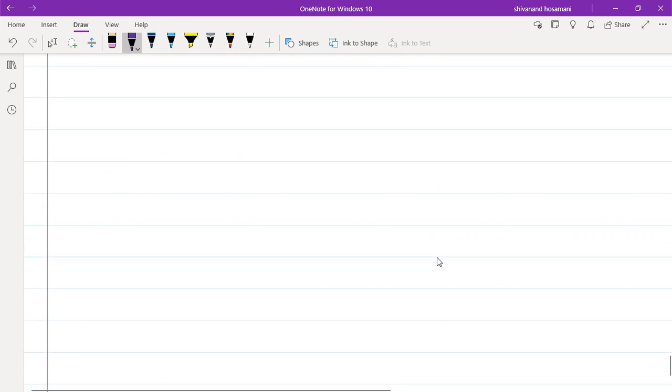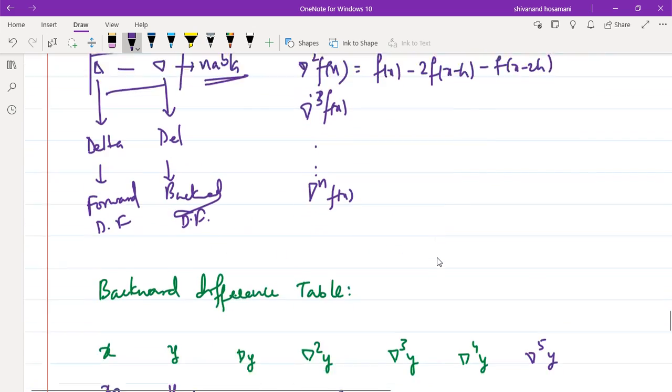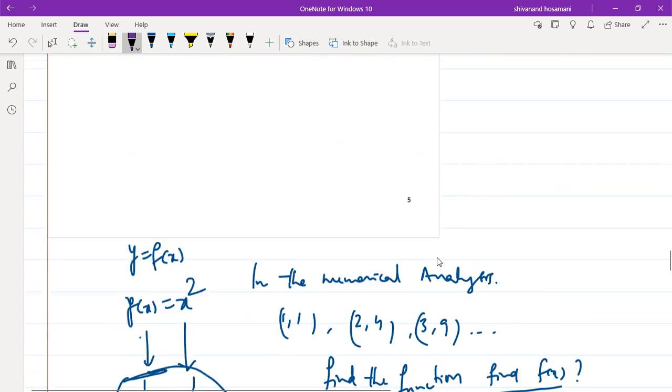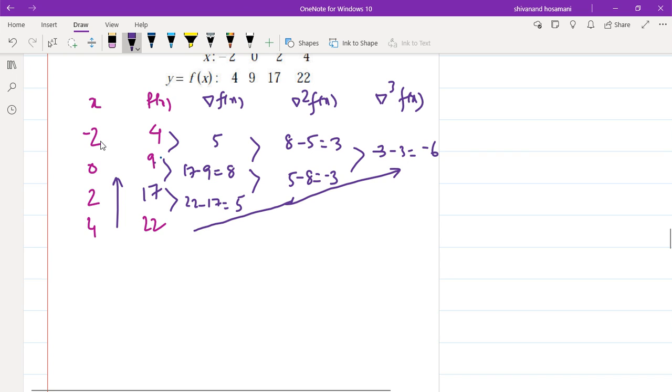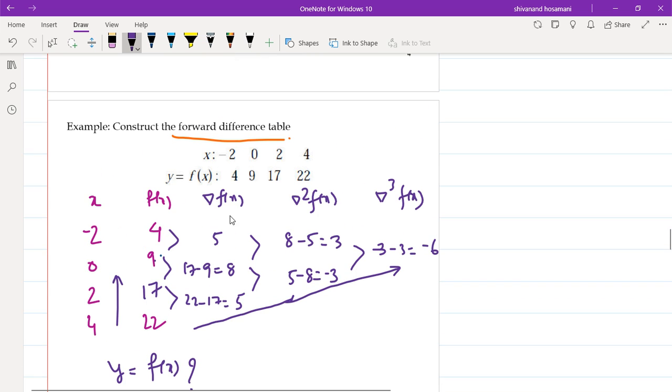So now let us compare the table. See here, the x values are given, its corresponding f of x value is given, and we don't know what y is equal to f of x explicitly. That is what we need to find out. Suppose you want to calculate the value of the function at any intermediate value between minus 2 and 4.